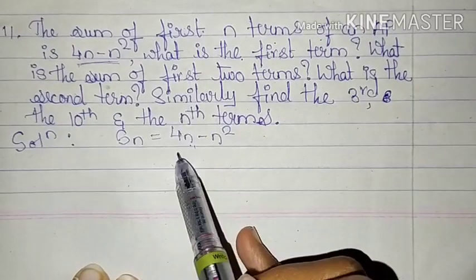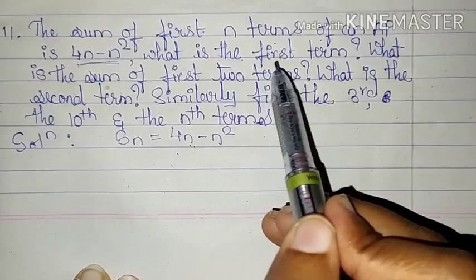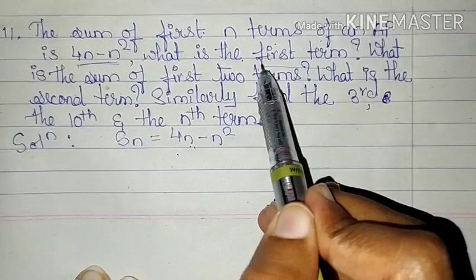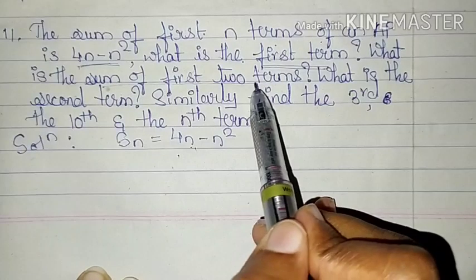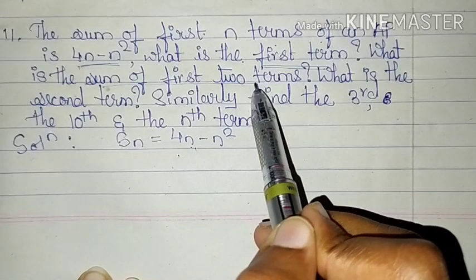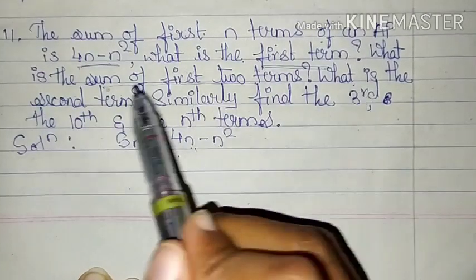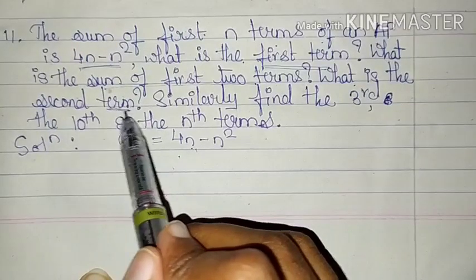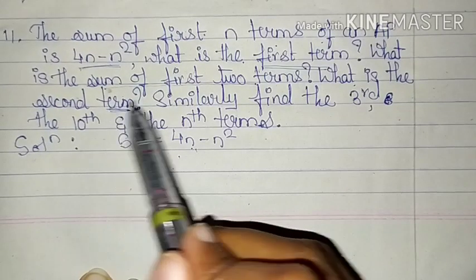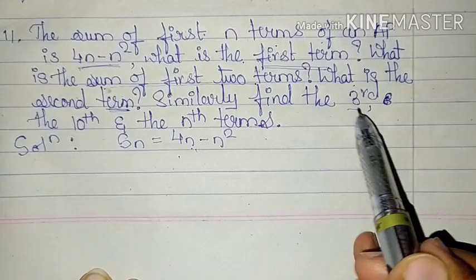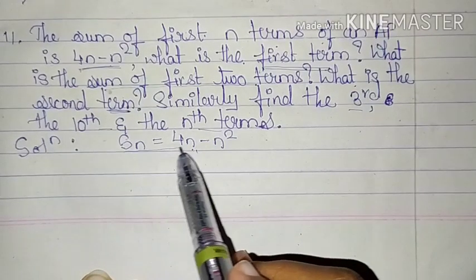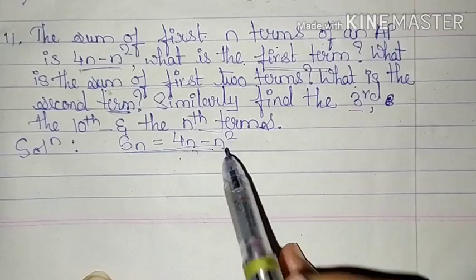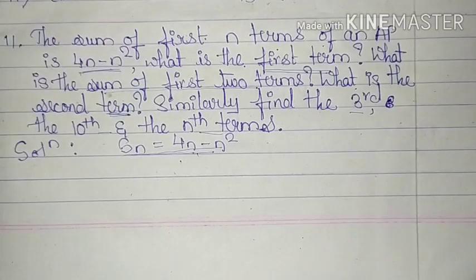So using this information, we have to find the first term of our AP, that is a1, and sum of the first two terms, that is a1 plus a2. Then what is the value of the second term, that is the value of a2. Similarly, value of a3, a10 and an, using just the information that Sn is equal to 4n minus n square.